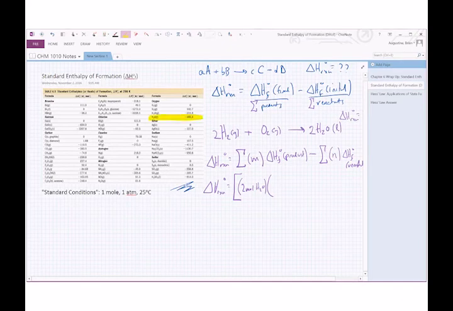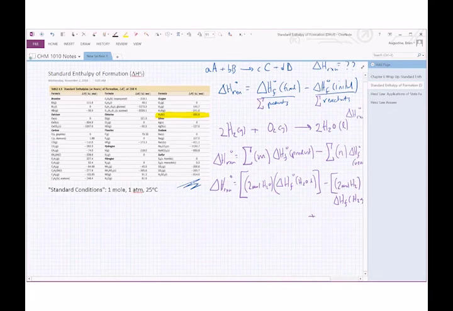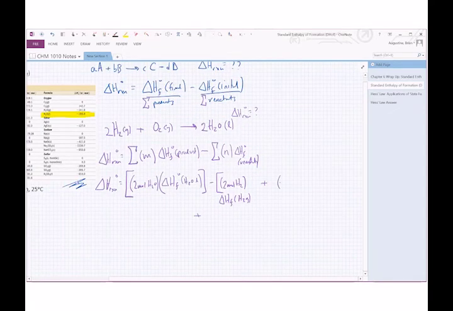That's delta H sub F. So this is going to be delta H sub F of H2O liquid, minus 2 moles H2 times delta H sub F of H2 gas, plus 1 mole delta H sub F of oxygen gas.